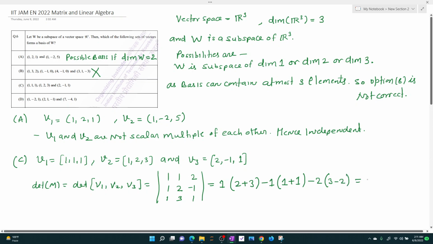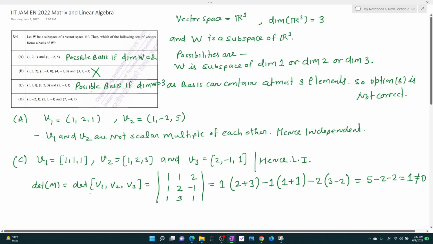It's 5 minus 2 which is 1, not equal to 0, hence linearly independent. So I can say that it's a possible basis if the dimension of W is 3, right?